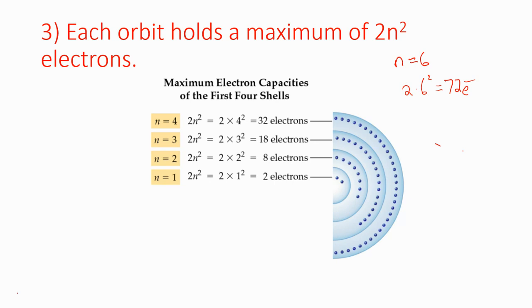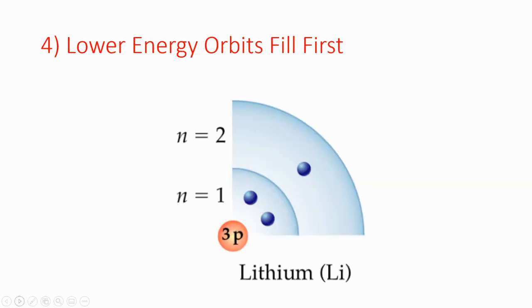Finally, Bohr said that electrons need to go into the lowest available energy orbit first. Okay, so if I take a look at an atom like lithium, lithium has 3 protons, but it also has 3 electrons. The n equals 1 shell can hold 2 electrons total.